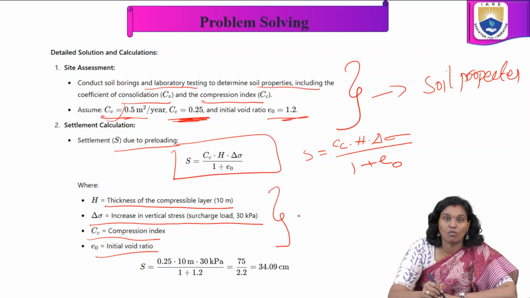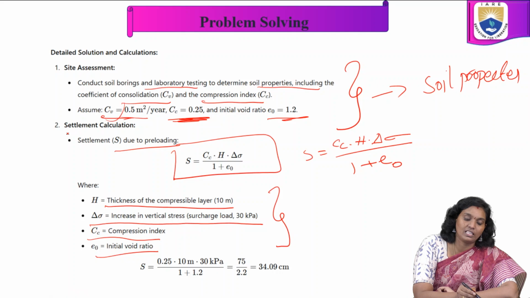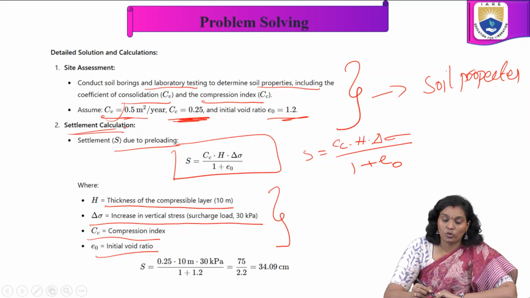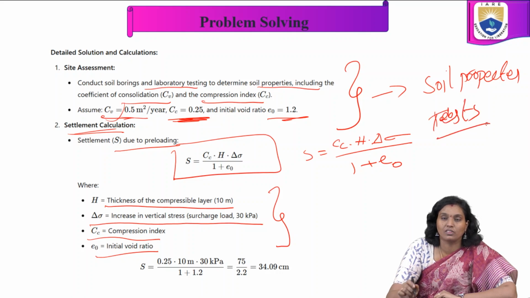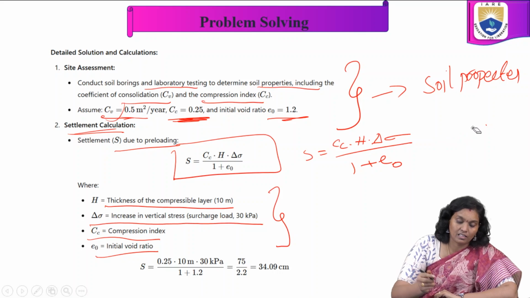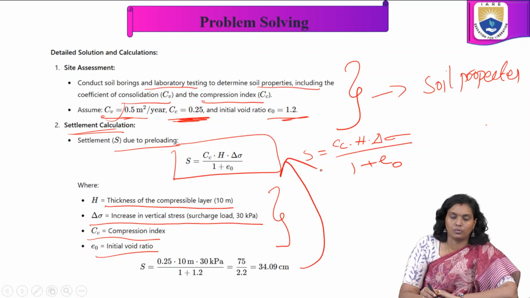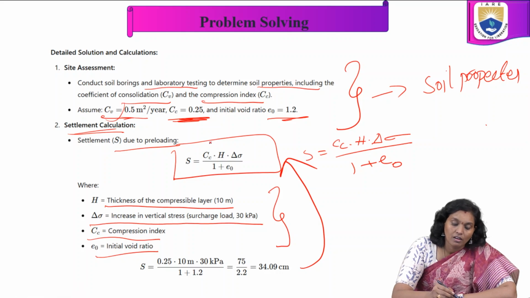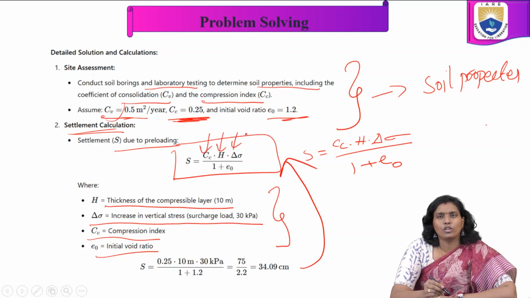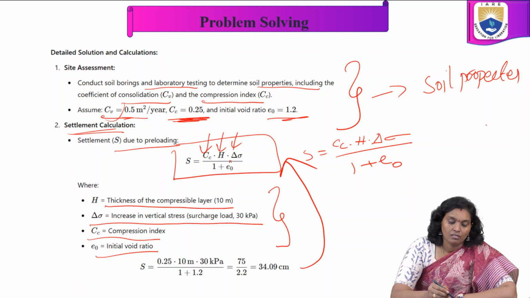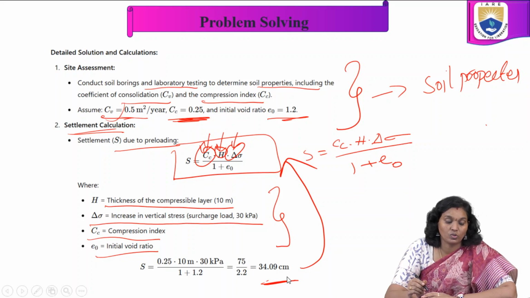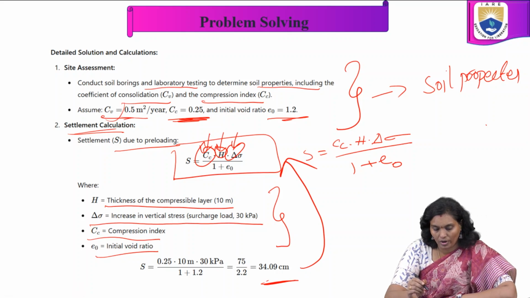We find the numerical values of these properties using laboratory tests. Replacing them in the formula, after calculations we get a settlement of 34.09 centimeters.